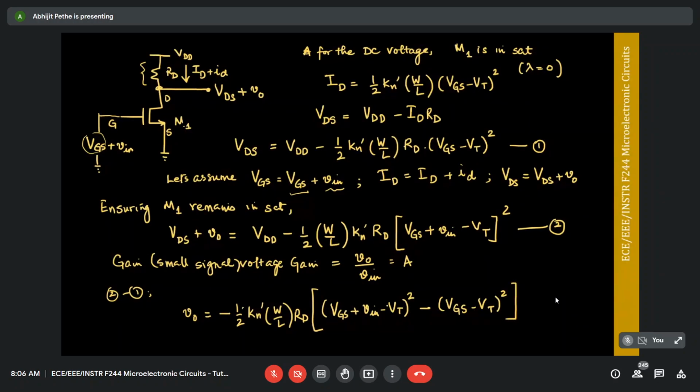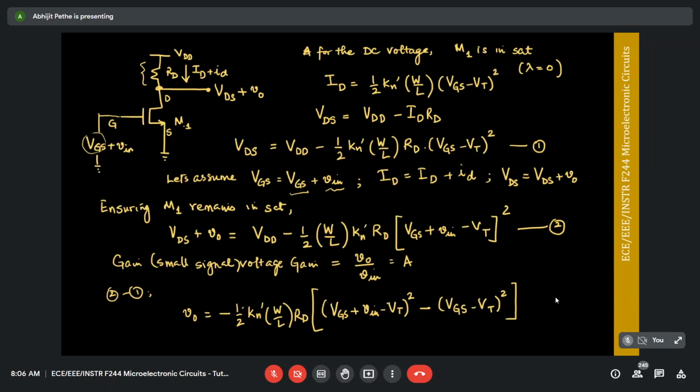Now let's expand what is within the brackets. If I expand, I get V0 is equal to minus half Kn prime W by L RD.